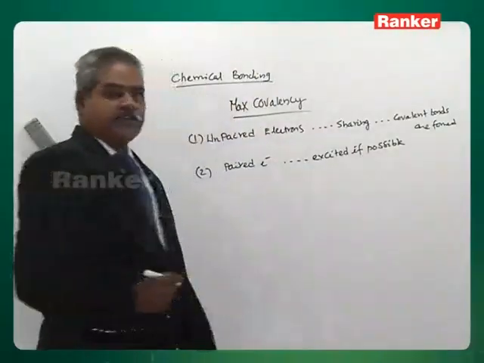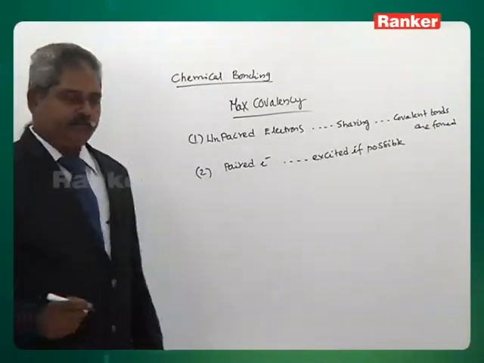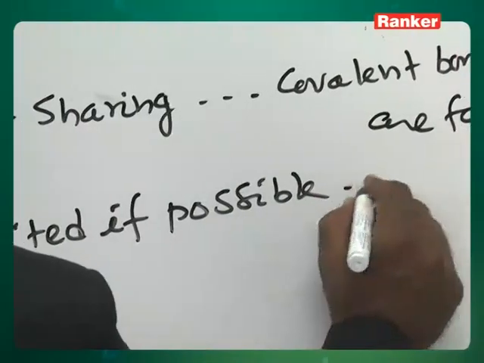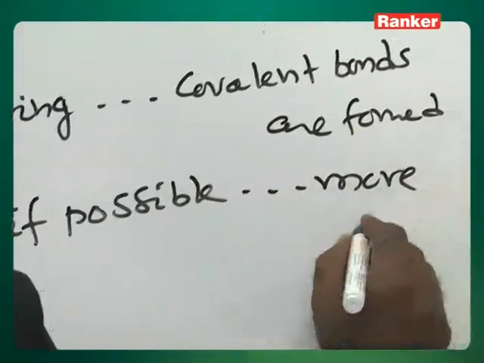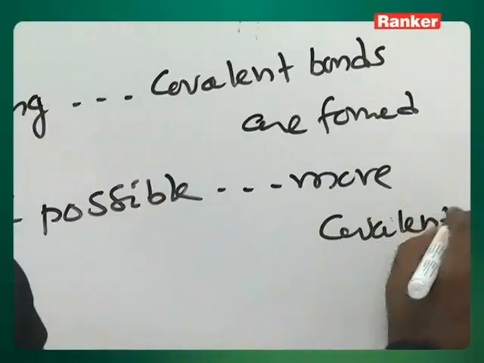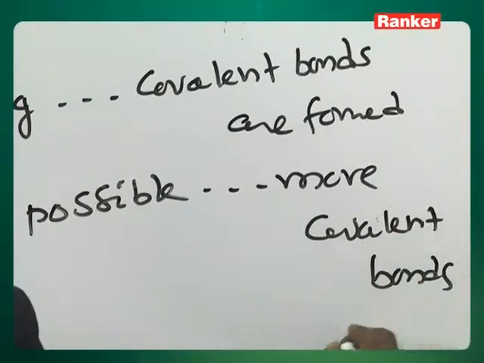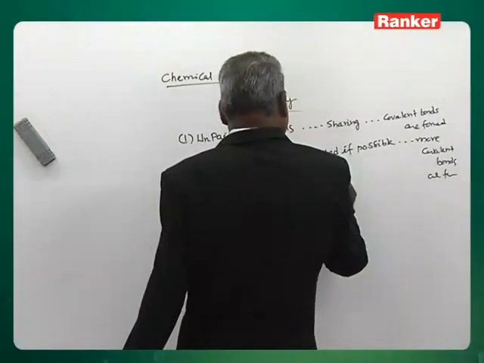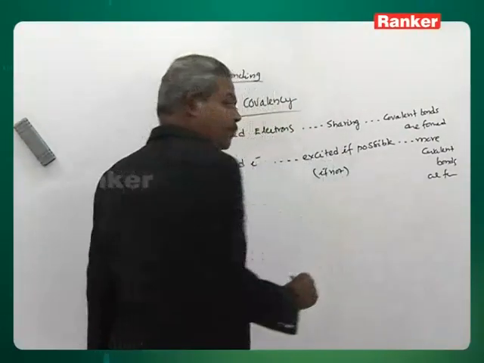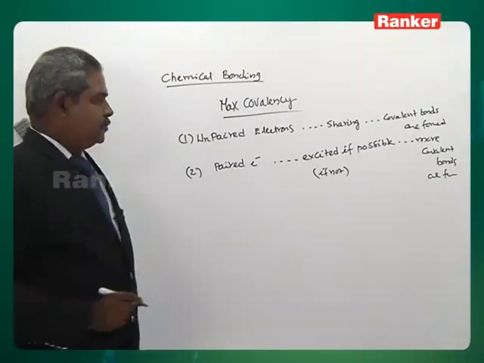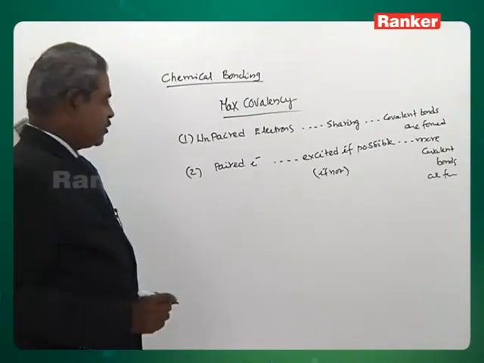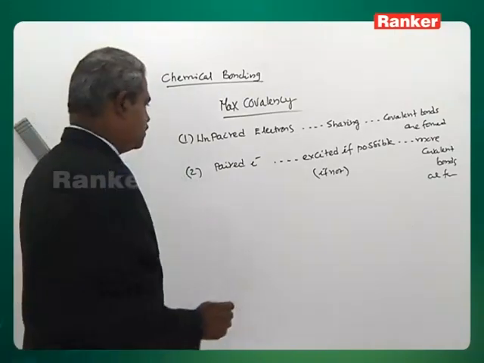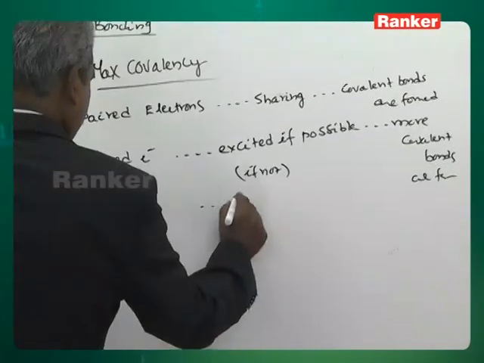If possible, in the sense that there are vacant orbitals, the electrons are excited, and more covalent bonds are formed. If not, suppose it's not possible to excite the electrons because of the non-availability of any vacant orbitals, they are donated as such.